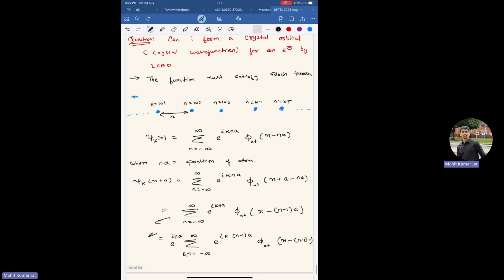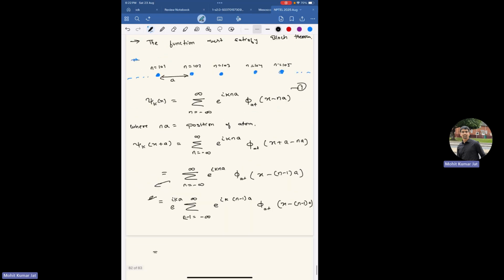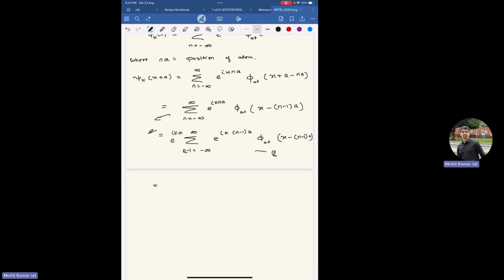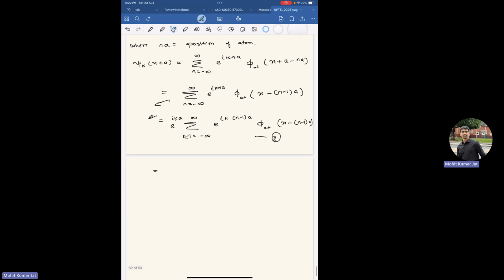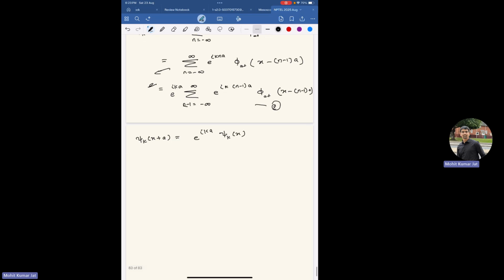If you compare equation 1 with equation number 2, it says that psi k at x plus a is nothing but e to the power i k a psi k x, right? And this satisfies the Bloch theorem.